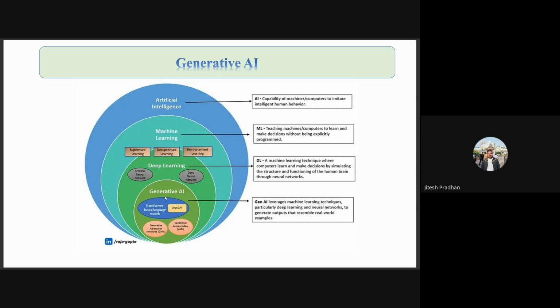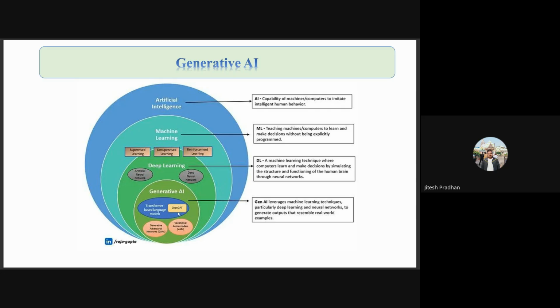So Gen AI leverages these three things: transformer based, GAN based, and variational autoencoder based. Apart from this, there are many other generative AIs also, but based on learning, they leverage their learning to generate new content.